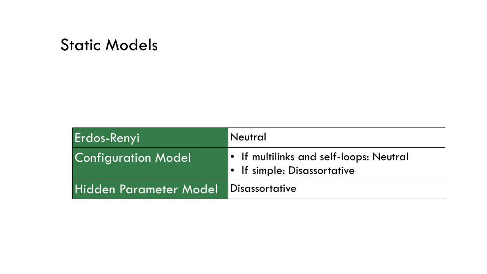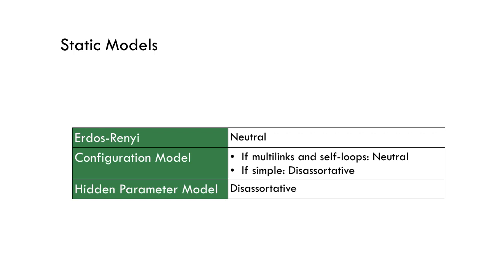So if we look at these different models, especially Erdős-Rényi, configuration, and hidden parameter, and we run them with different parameters, generating different networks, we find that in general, Erdős-Rényi will generate neutral networks. This should not be surprising, because these are networks that form links between nodes completely at random, with nothing to do whatsoever with node degree.